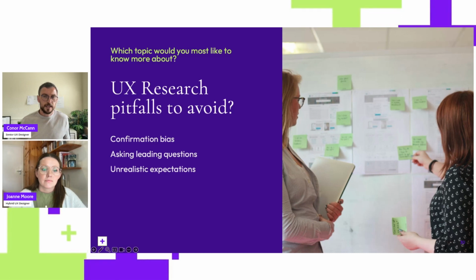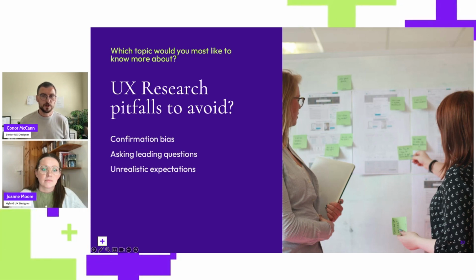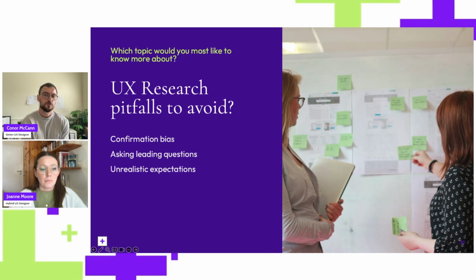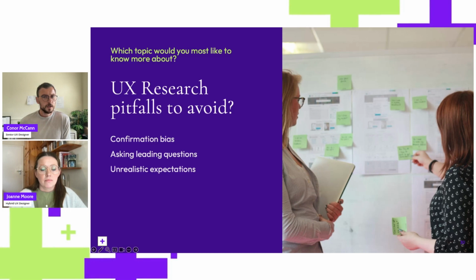That's definitely a pitfall to avoid if we can, and we should always be aware of it, and of the other biases we mentioned as well. There are a lot of different ones, and they come in different forms, so being aware of those and avoiding them if we can.